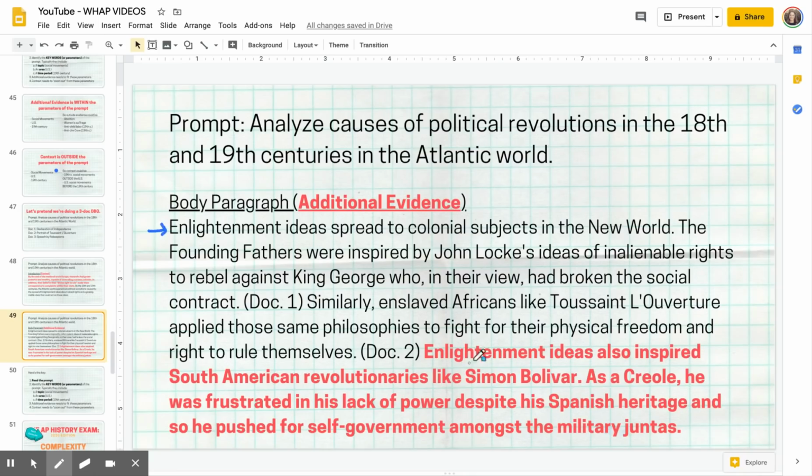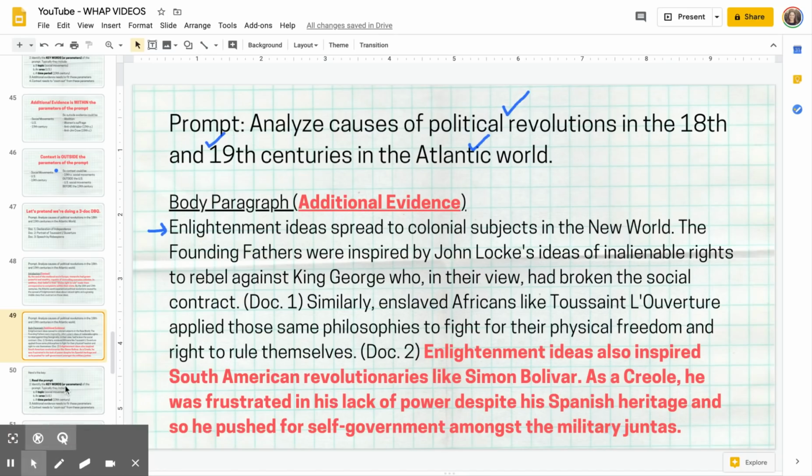So I might talk about Simón Bolívar. As a Creole, he was frustrated in his lack of power despite his Spanish heritage, so he pushed for self-government among the military juntas. So again, Simón Bolívar fits all these parameters. He's involved in a political revolution, he's in the right time period, and he's still in this Atlantic world. And so that counts as a piece of outside evidence as opposed to context.